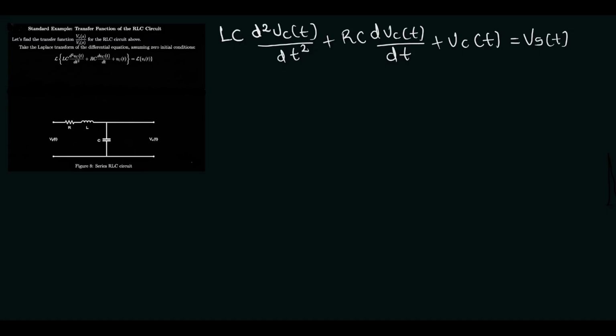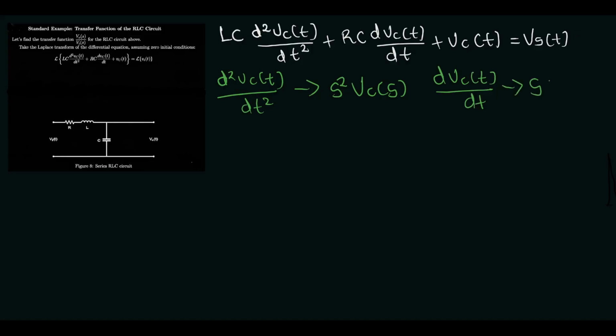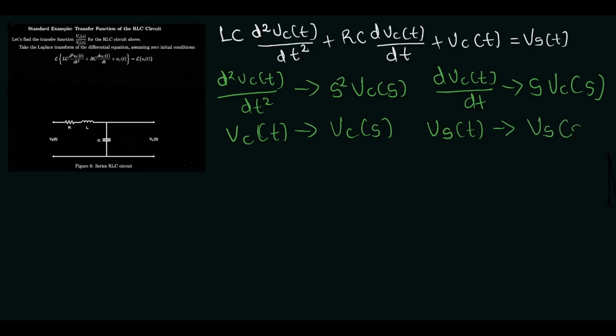You know that your d squared Vc of t over dt squared will give us s squared Vc of s, and your dVc of t over dt will give you s Vc of s, and your Vc of t will give us Vc of s, and your Vi of t will give us Vi of s.